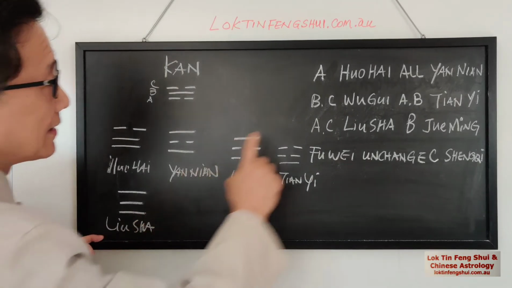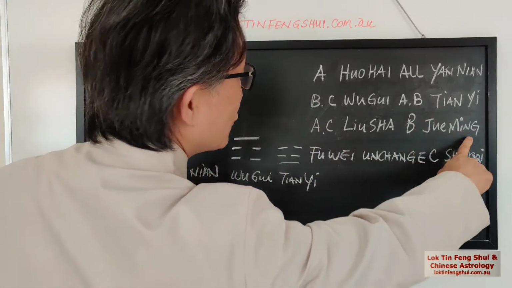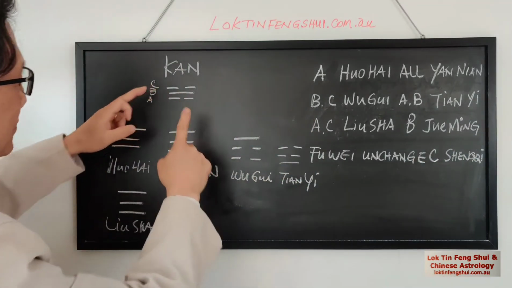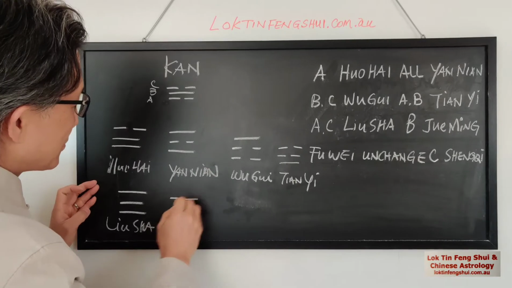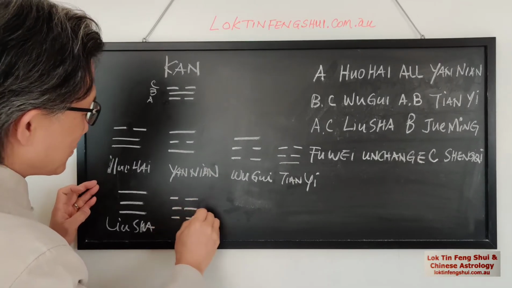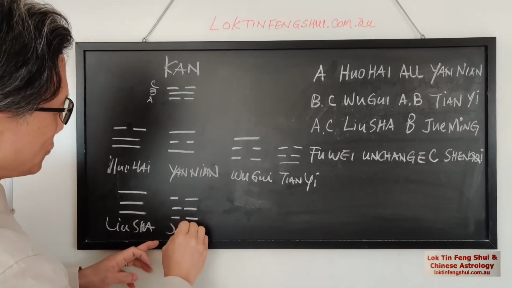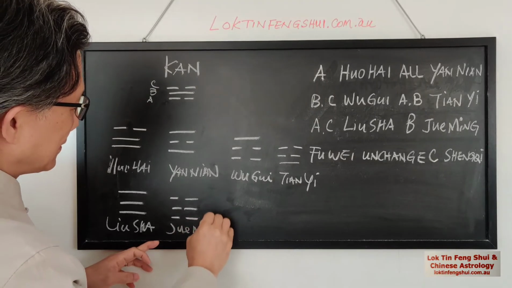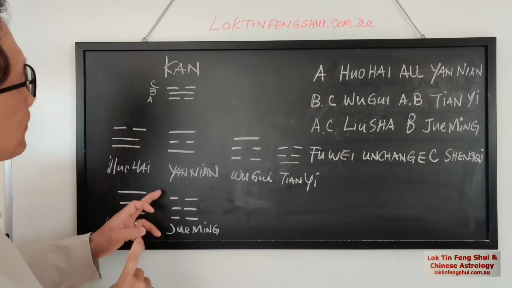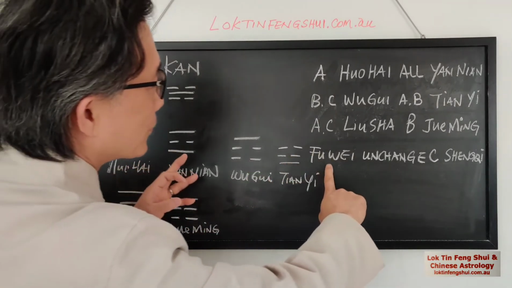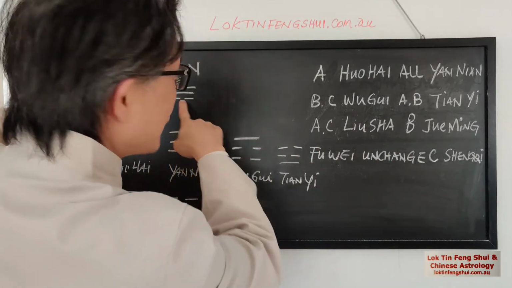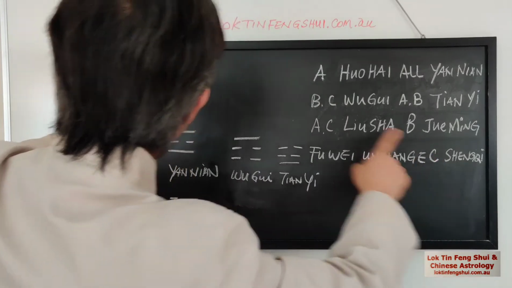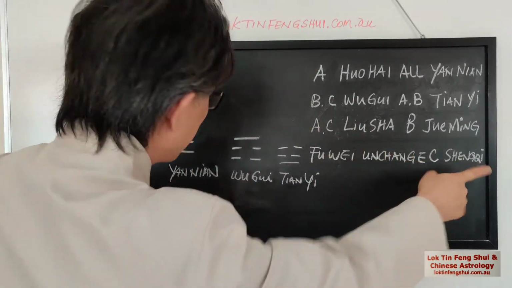And then B, Jue Ming. The middle yao changes: unchanged, change, and unchanged. So this becomes Jue Ming. And then Fu Wei is unchanged. So Kan gua is still Fu Wei. And C, the top one, is Sheng Qi.